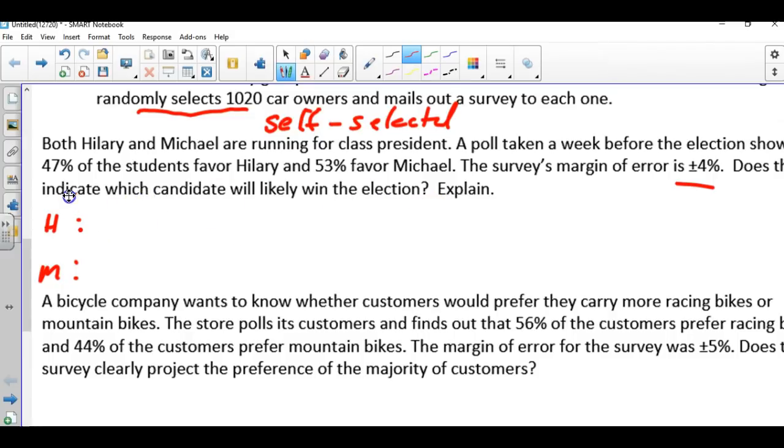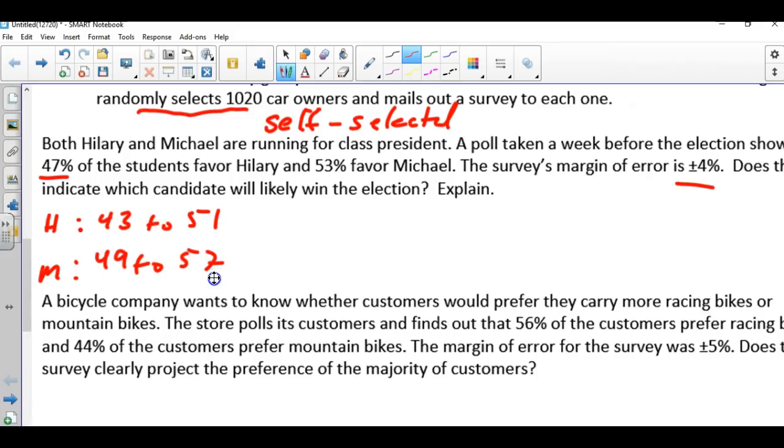Explain. Well, Hillary has 47% right now, but the margin of error is 4, so the range is going to be 43 to 51. And for Michael, you're going to have a range of 49 to 57.